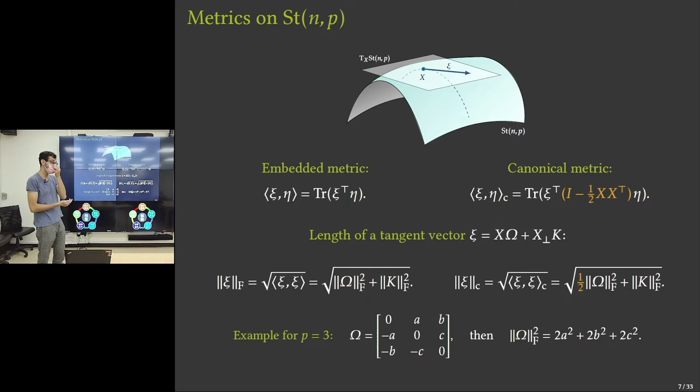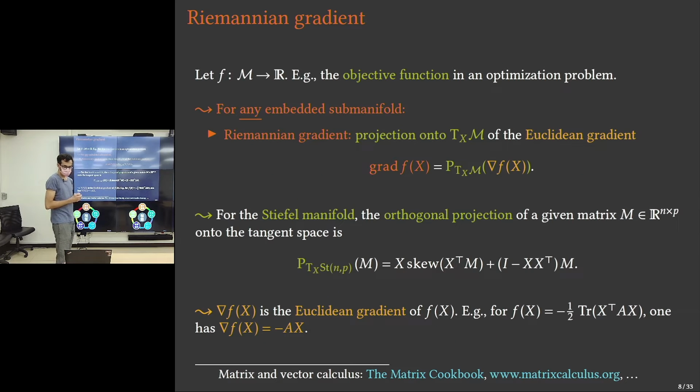Let's say it really considers the fact that there is some kind of constraint, so the degrees of freedom are less than n times p. Okay, something that we need in optimization algorithms is to compute the gradient. In this case, the Riemannian gradient.